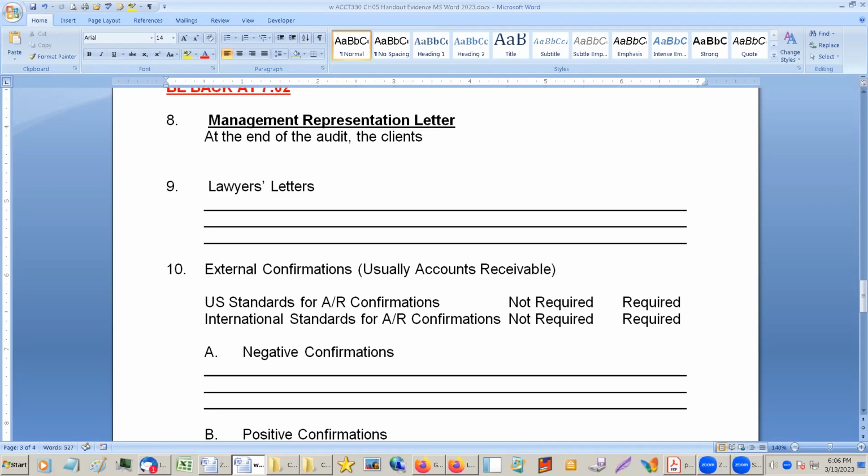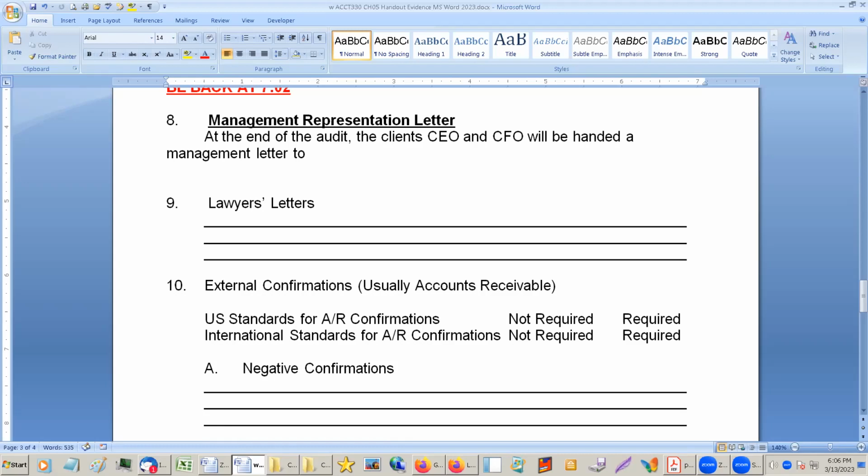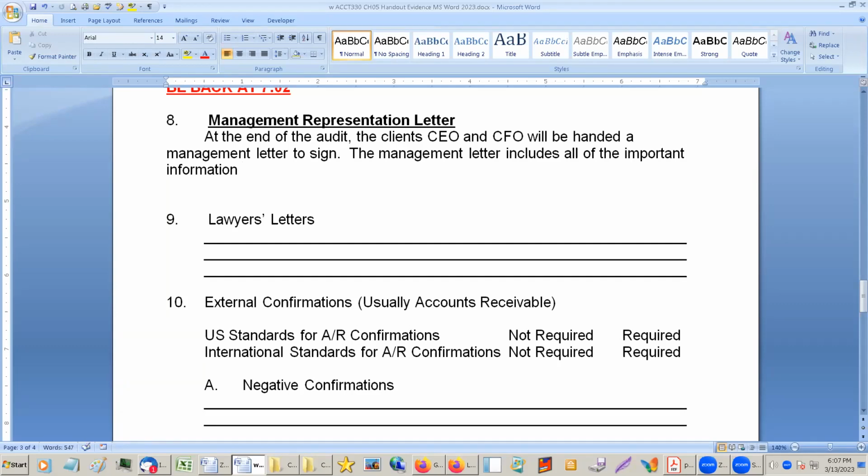At the end of the audit, the client's chief executive officer and chief financial officer are handed a management letter to sign, and the management letter includes all the important information and all that the auditors have relied upon during the audit.